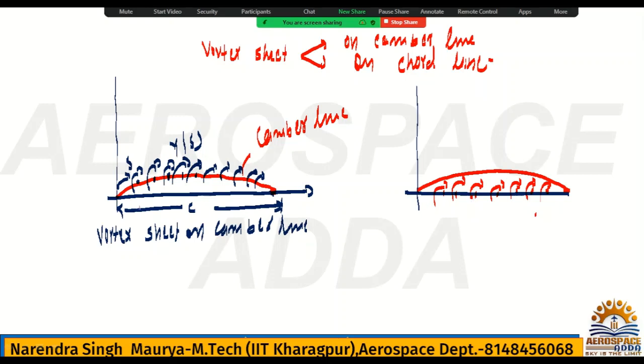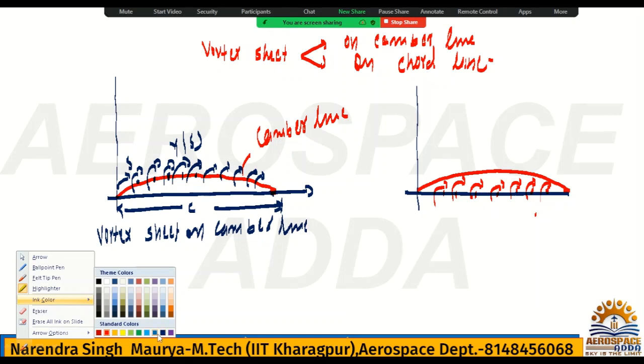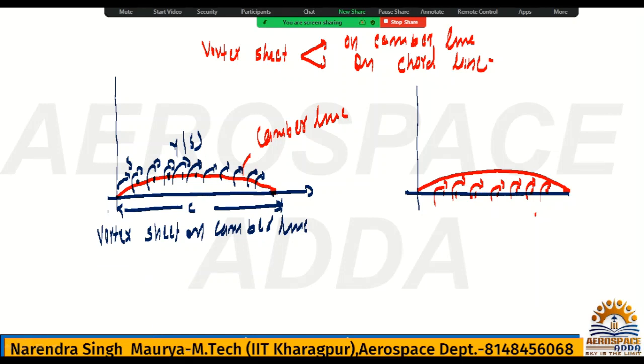Now you can show the free stream velocity, which is coming at angle of attack alpha. It is coming with some angle of attack, V infinity. So here also you can show it.